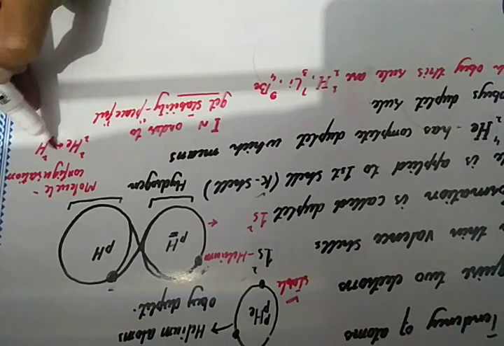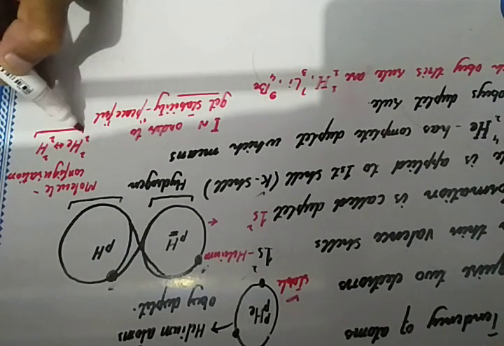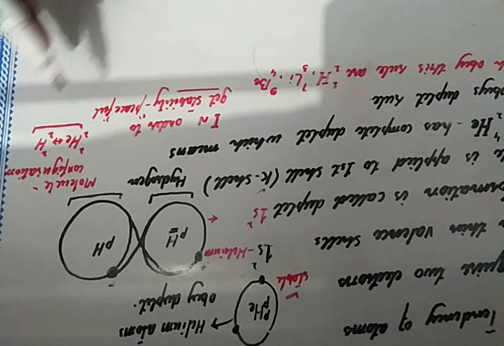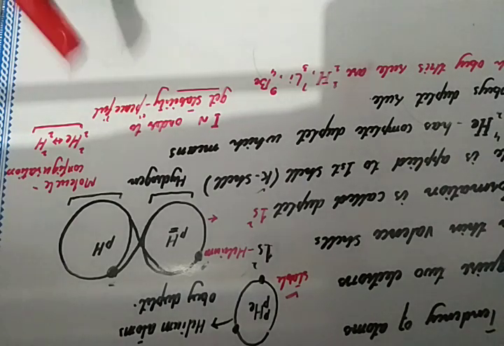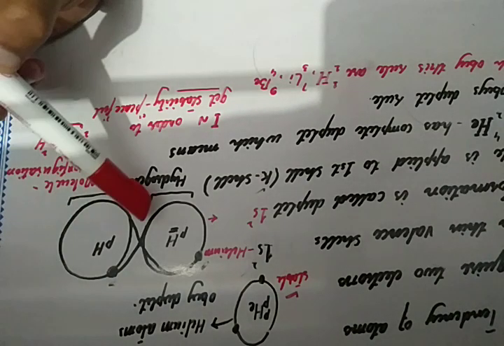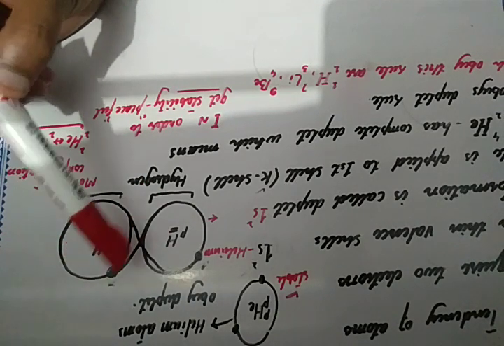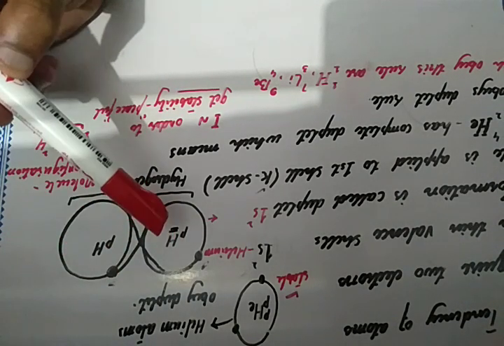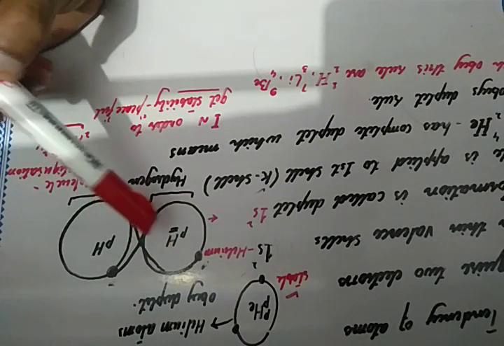So both of these are stable. We can say the tendency of atoms of elements to acquire a 2 electron configuration in their valence shells during bond formation.